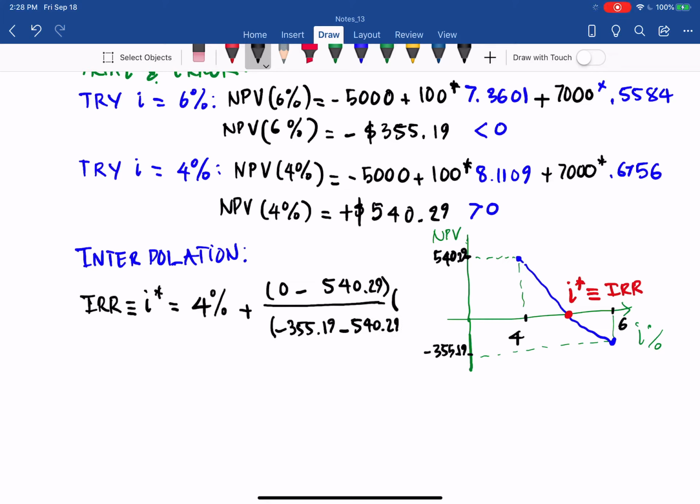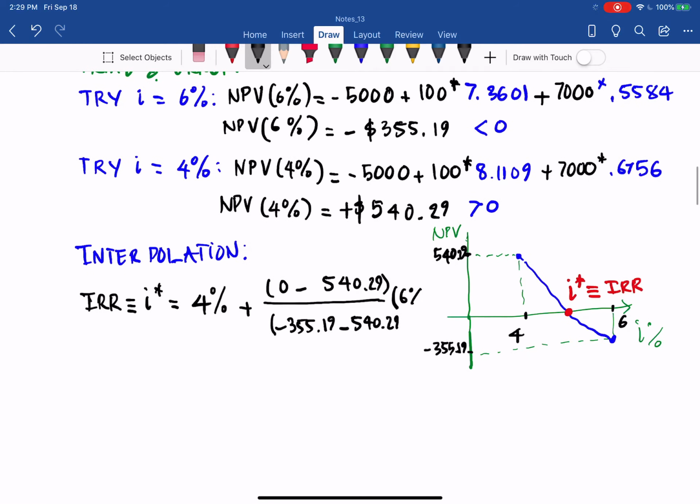And then we have the ratio of the times, 6% minus 4%. From that one, we have IRR equal to 5.21%. And that is the rate of return of this investment.